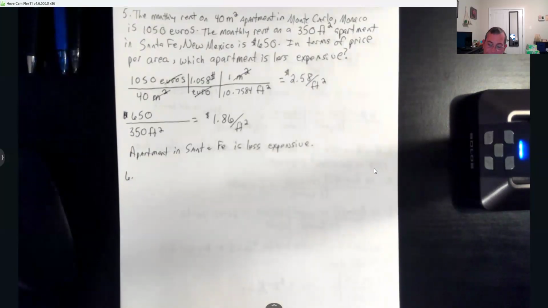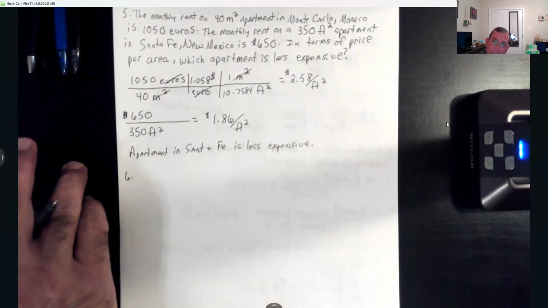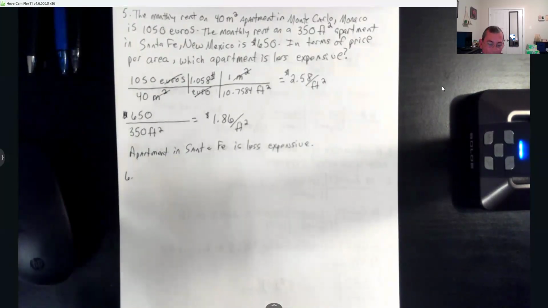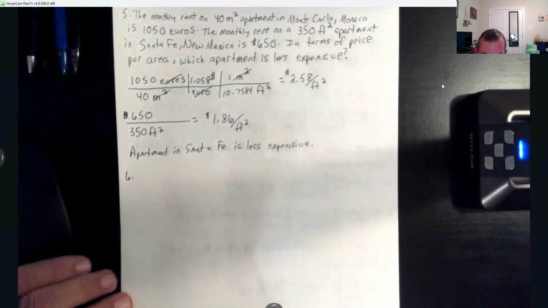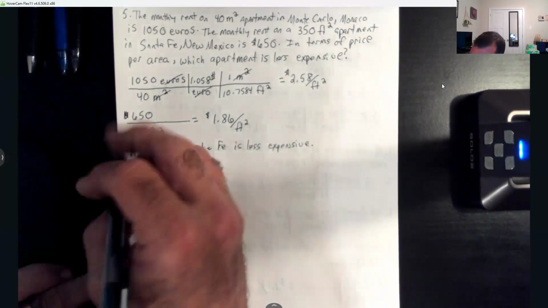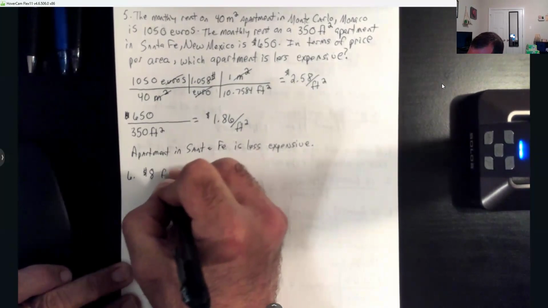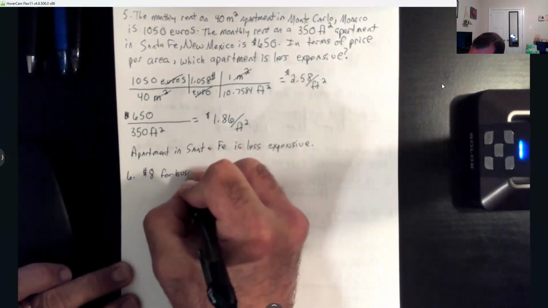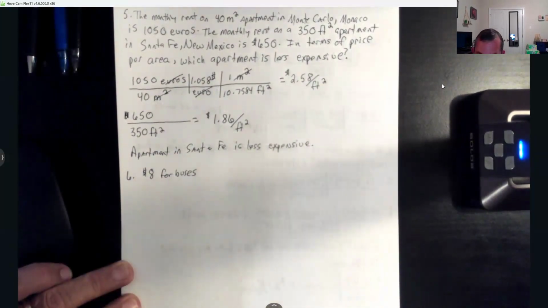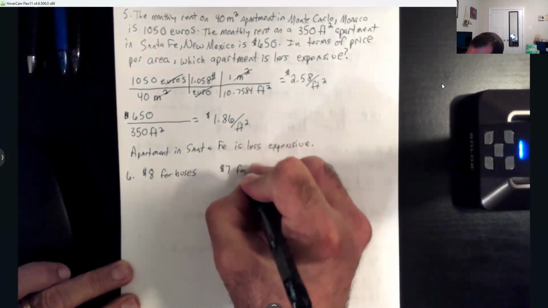Now, number 6 is tedious, but it's not hard. It's just a lot of work. So they're telling me a toll collector on a highway receives $8 for buses and $7 for sedans.